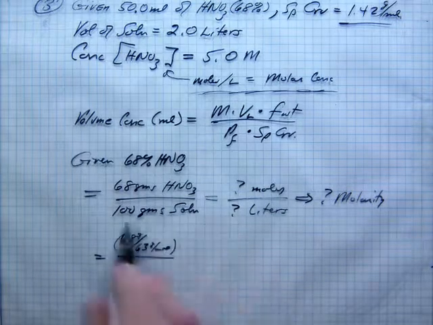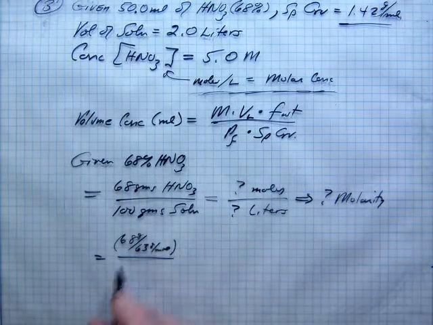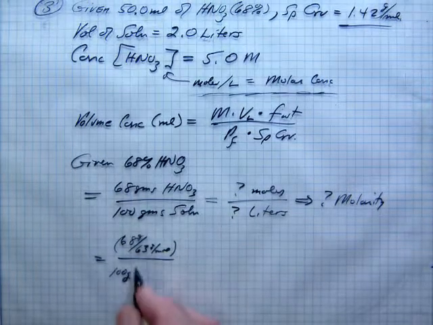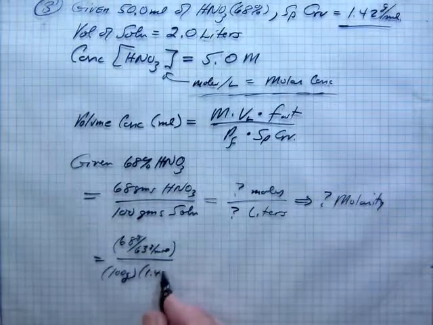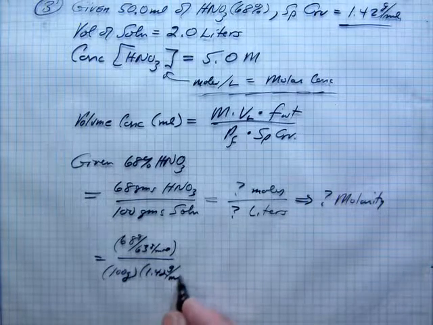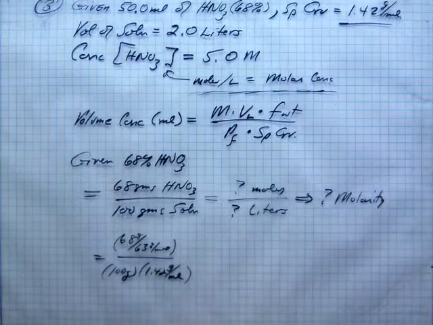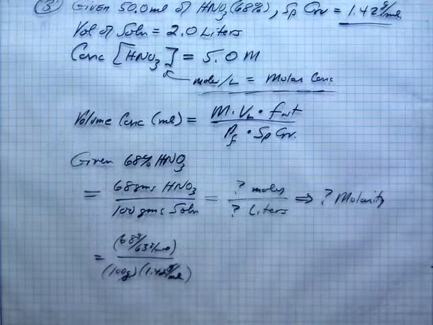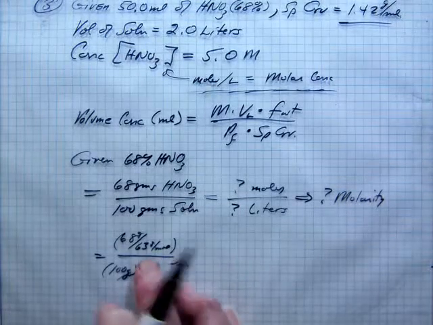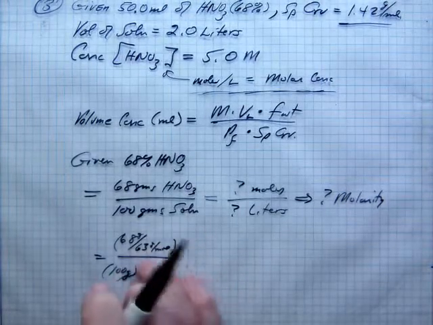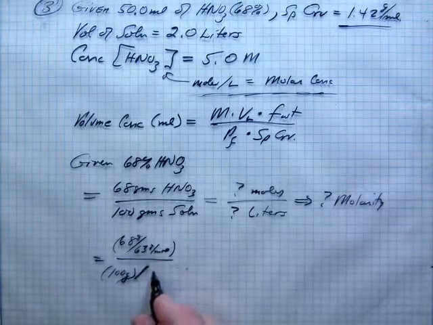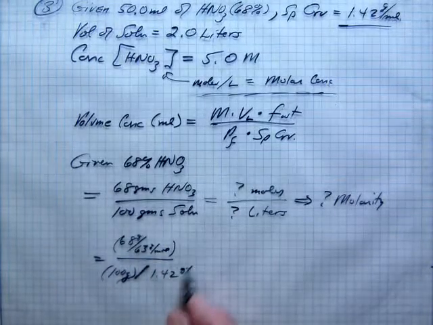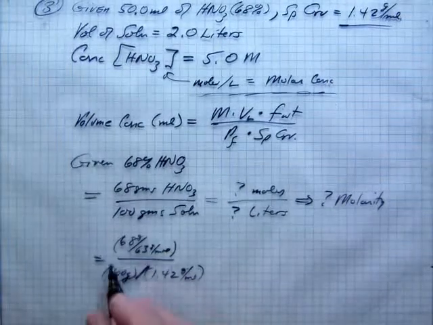But I need to get this into liters. So I have 100 grams, and if I divide by 1.42 grams per milliliter in the denominator, I get the denominator into a volume. My bad.